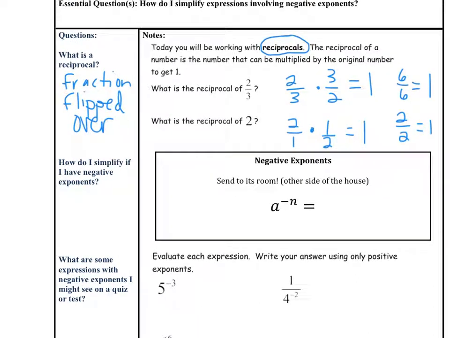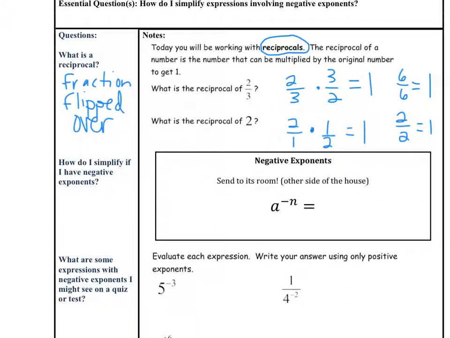Our next box here is extremely important. It says, send it to its room or the other side of a house, which makes no sense to us right now. But we basically will do a reciprocal. It says here an A, which could be any number, that's the base, and an exponent that is negative. I just picked A and N at random.